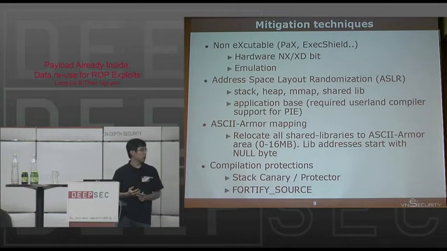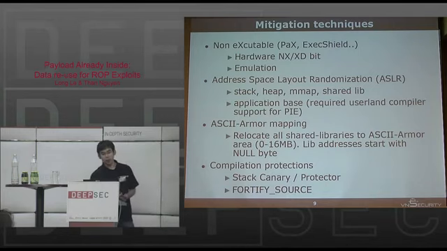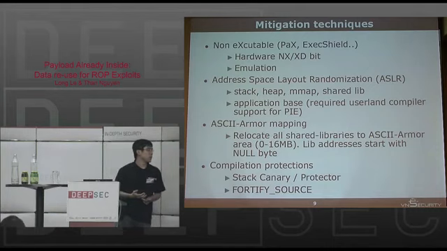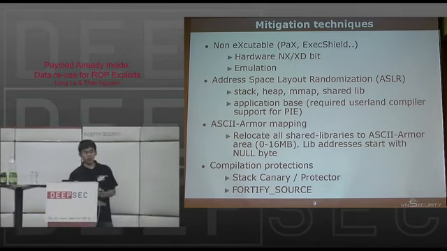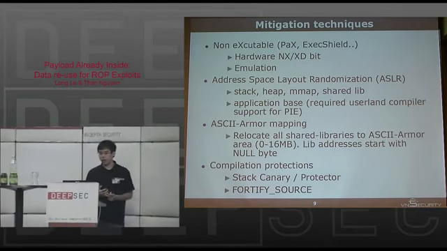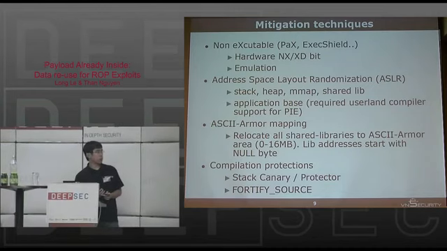And like ExecShield from Red Hat, they also introduced the ASCII armor mapping, where all the shared libraries will be relocated in the ASCII armor area, which is the first 16 megabytes, which means the library addresses start with a null byte.